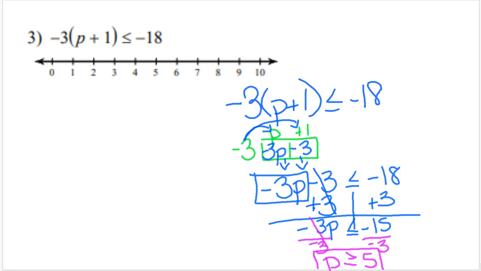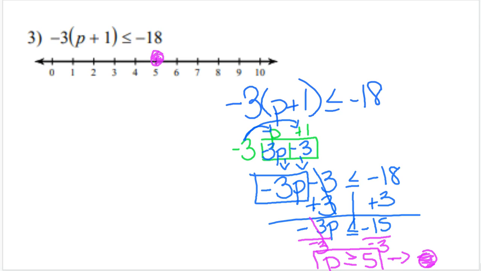Now I'm going to come over and graph. So remember that greater than or equal to would be a closed circle because it includes the answer. So I'm going to go ahead and put a closed circle on 5.